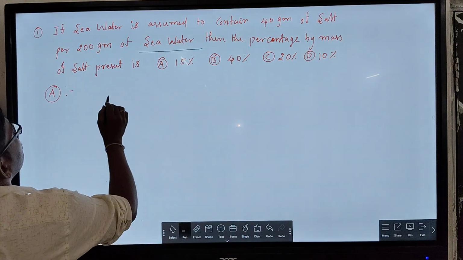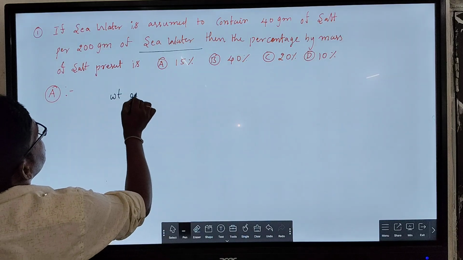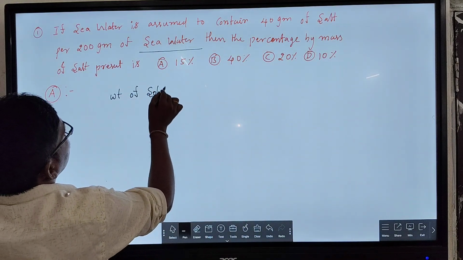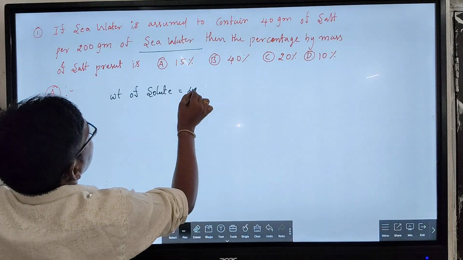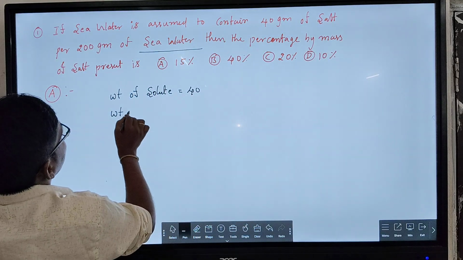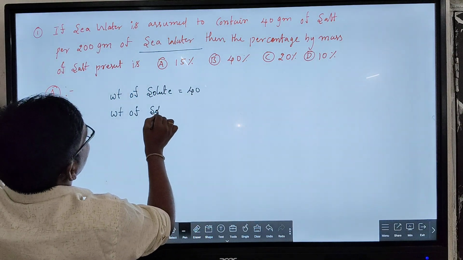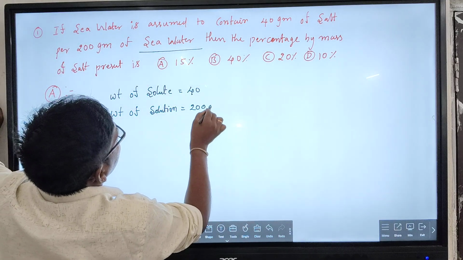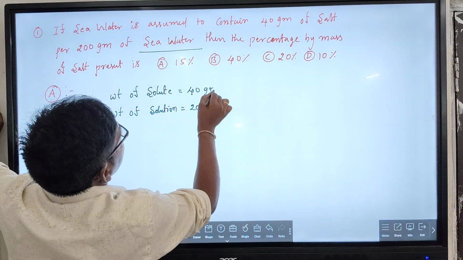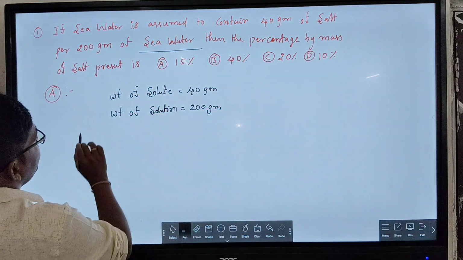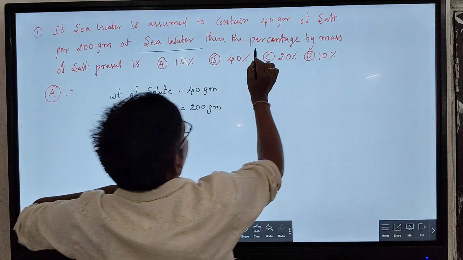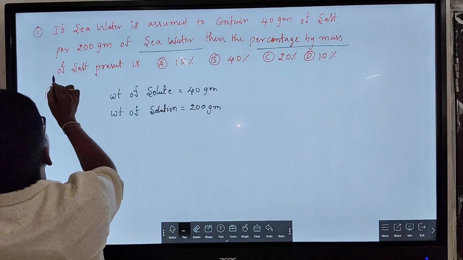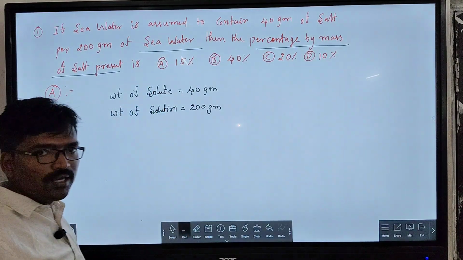Sir, weight of solute, that is salt, it is equals to 40 grams. Then weight of solution they are mentioned, it is 200 grams. Then what they are asking, percentage by mass of salt present in it.